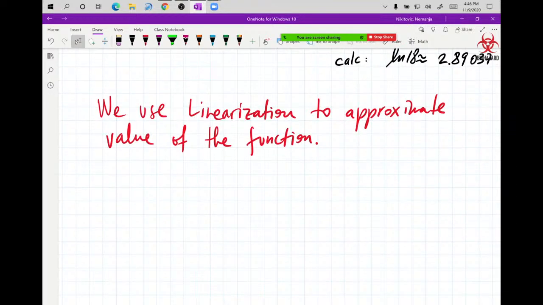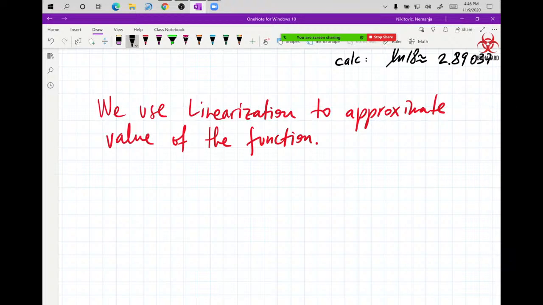Now, there is a formula that you can write which will give you the whole thing in one line, and that's the one they presented in the book. At the end, this entire section is nothing more than a tangent line calculation at the point that you pick, and you have to be smart enough to pick that point to be very close to the point you're trying to compute, or to the point that you're trying to approximate.